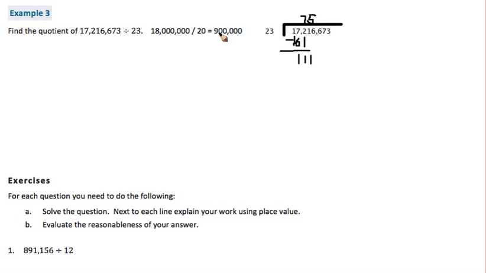You can see that our estimate looks like it's a bit off there, but our numbers were very large, so that can make it more difficult. 5 times 3 is 15. Regroup the 1. 5 times 2 is 10, plus 1 is 11, and that's too large. So we'll need to erase.